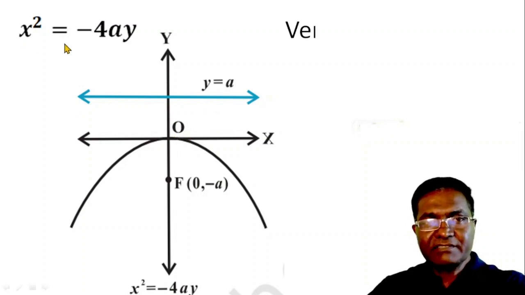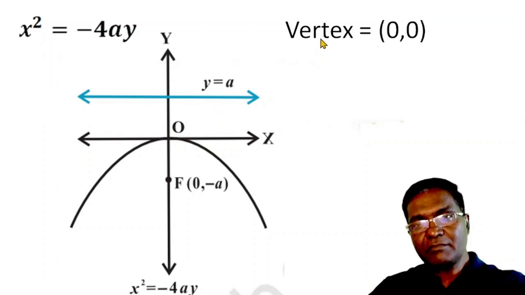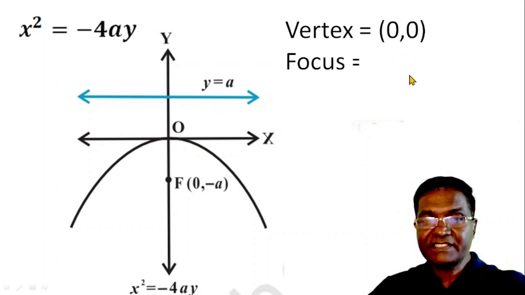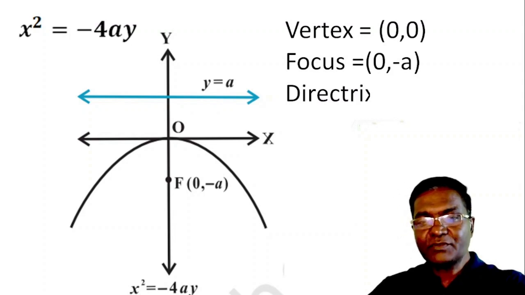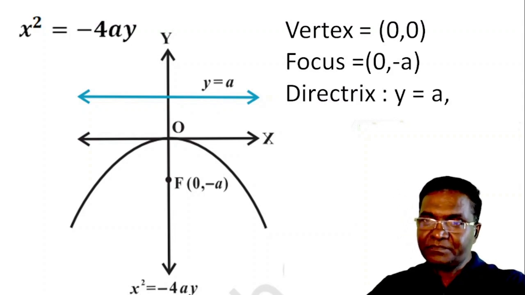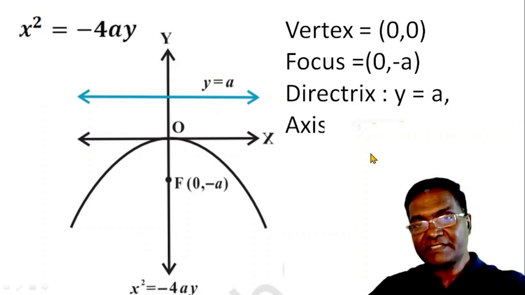So x square equals minus 4ay represents a parabola with vertex (0, 0), focus (0, minus a), directrix y equals a, and axis the negative y-axis.